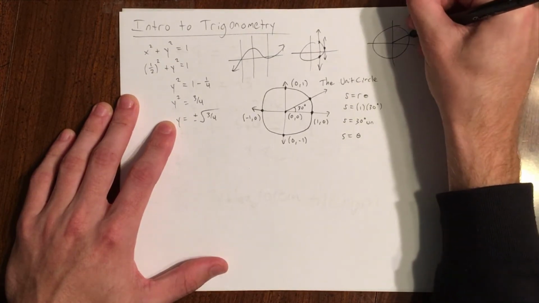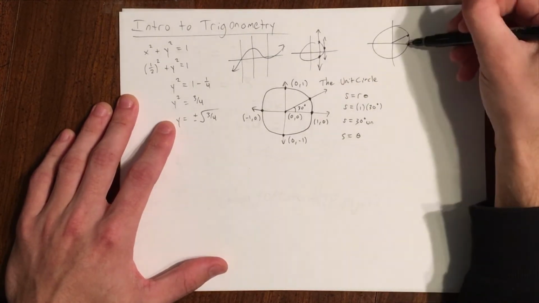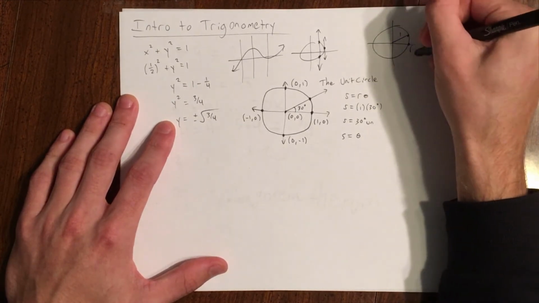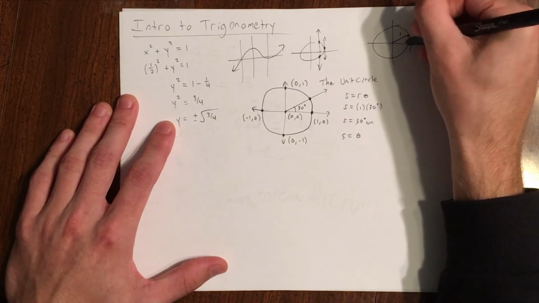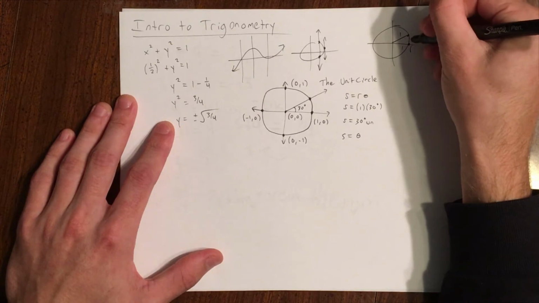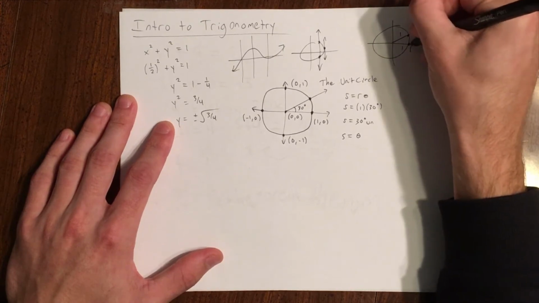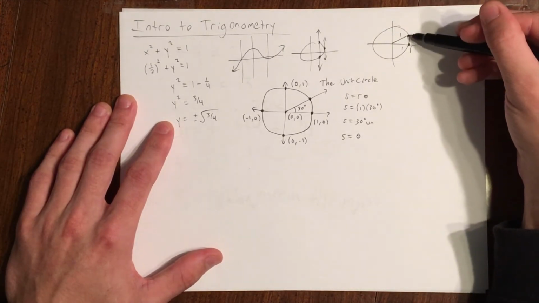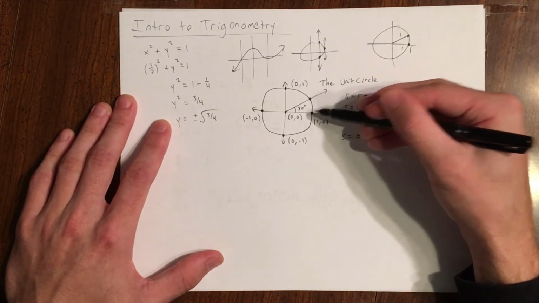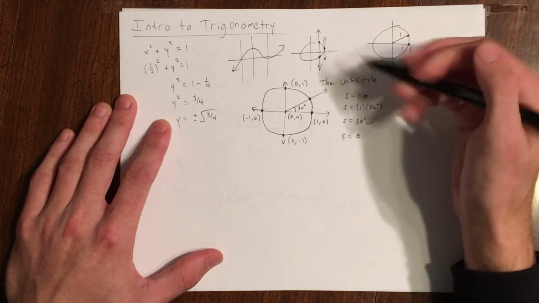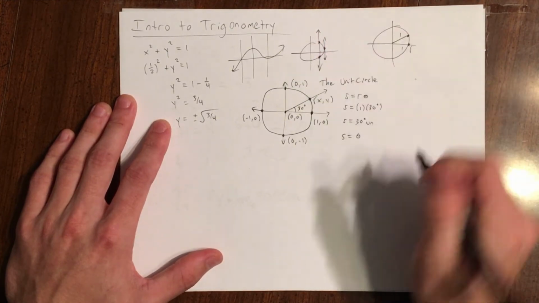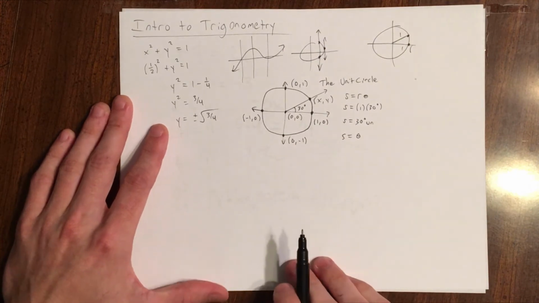So if we imagine this point here, we know that this length is 1, and we know that this length is 1, but we don't know what the x value is here because this point is further to the right of this point. So the x value here is not going to be 1, right? Or x and y value. How do we figure that out?